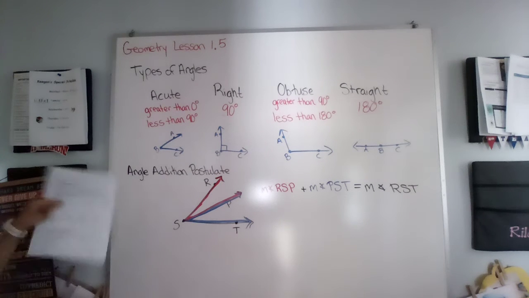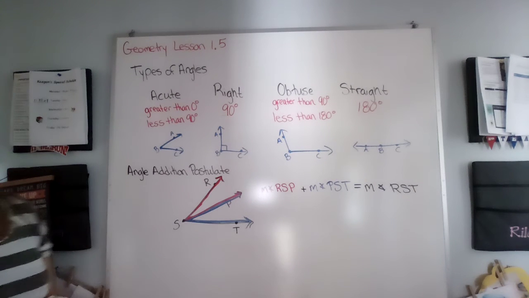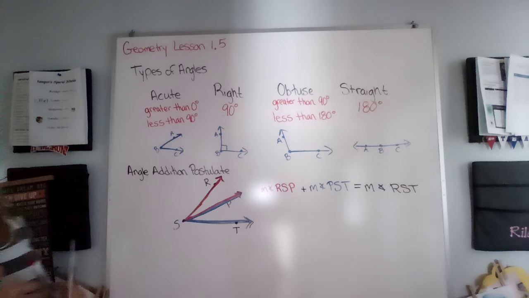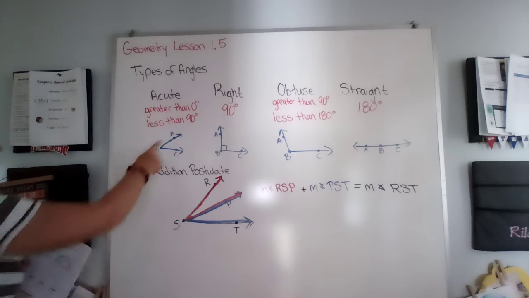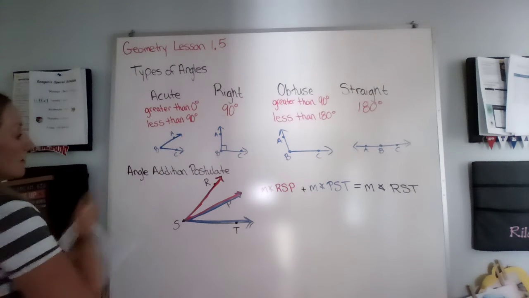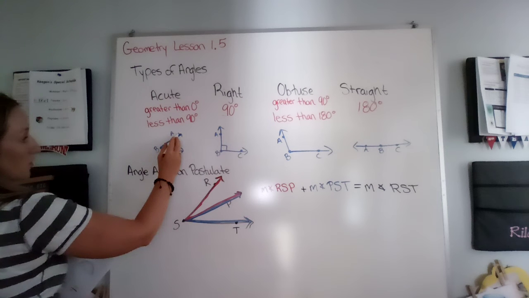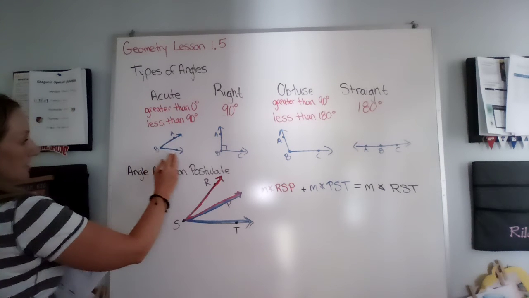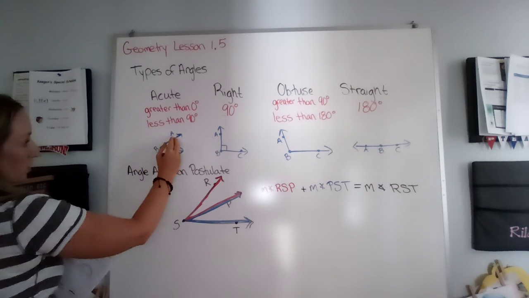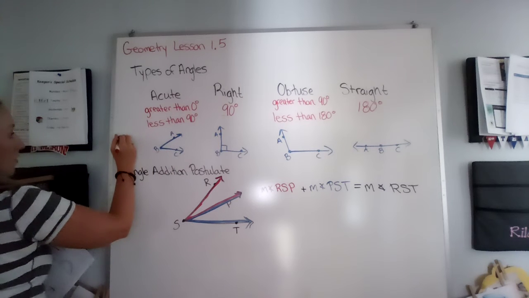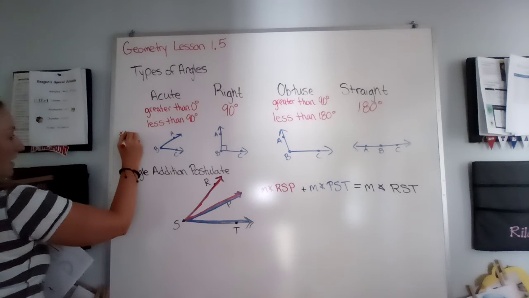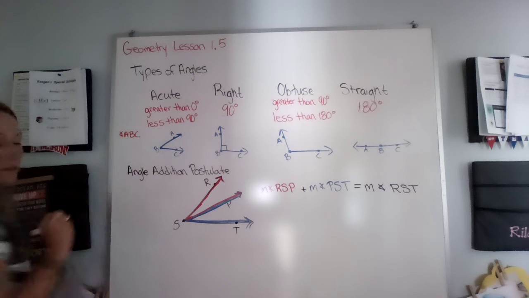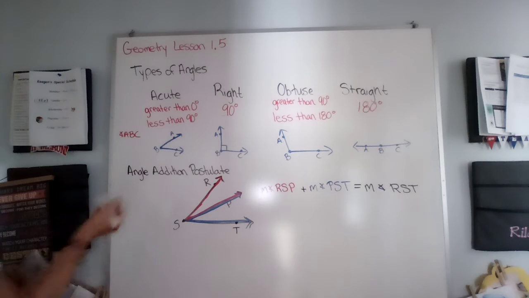Okay, before I move on to the angle addition postulate, I want to talk about naming angles here, and I'll talk about it again. If I was to name this angle, if you were to trace it, you could go from point A to B to C, right? If you were going to draw it, you could go like this. So I could call that angle ABC. I could go the opposite direction as well.